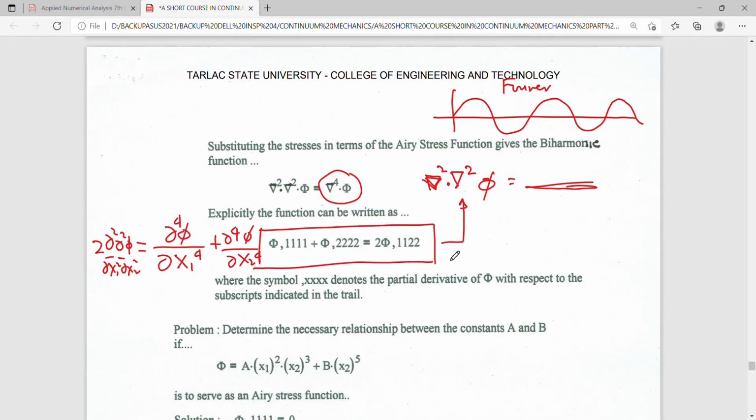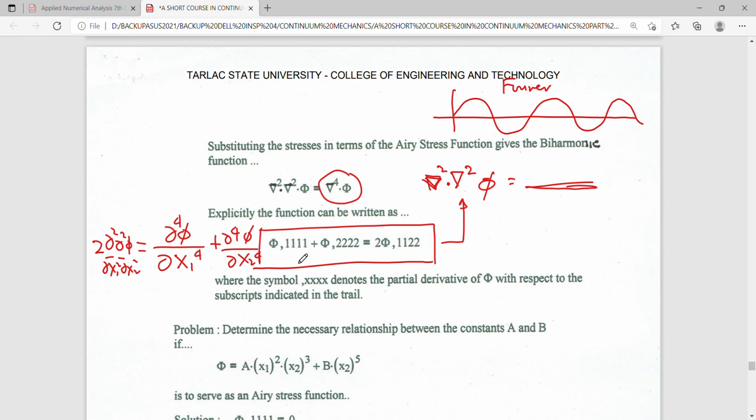So this is simply a symbolic representation of these partial derivatives, where the comma denotes the partial derivative of phi with respect to the subscripts indicated in the trail.